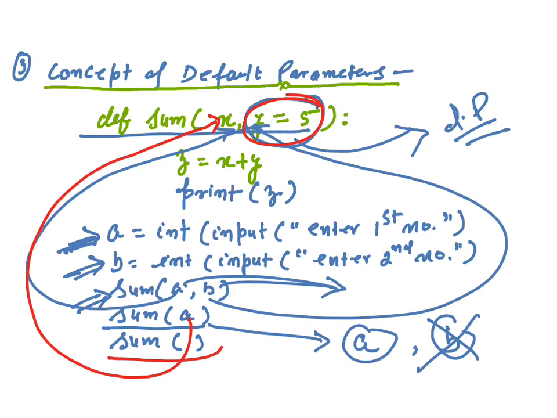And the next one is sum. I'm not passing anything here, so this is a wrong statement, because you cannot leave it blank if all the arguments are not default arguments.